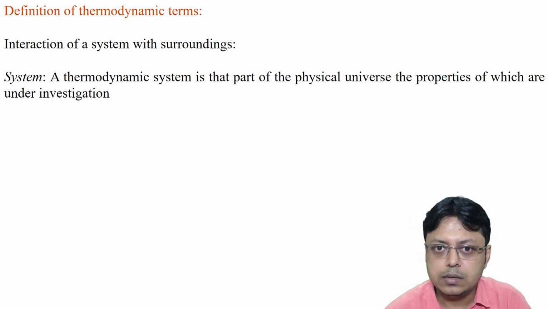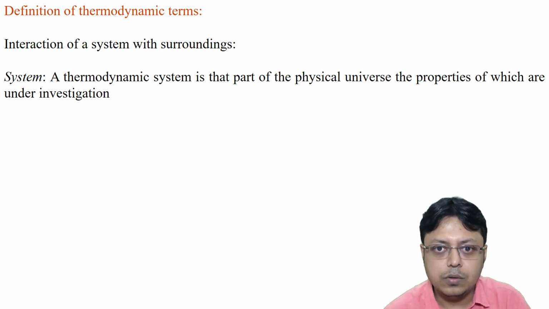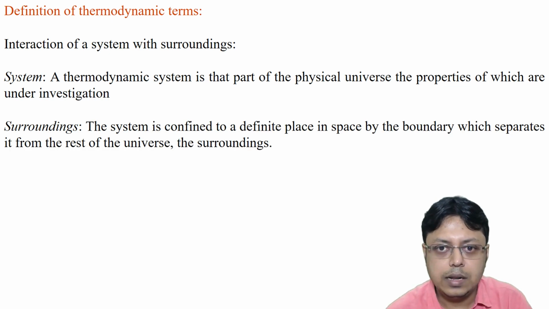What does it mean? Suppose we are discussing the expansion of a gas and the gas is put in a container. Now that gas is the system here, and then what will be the surrounding? The surrounding will be the immediate environment that the gas has.